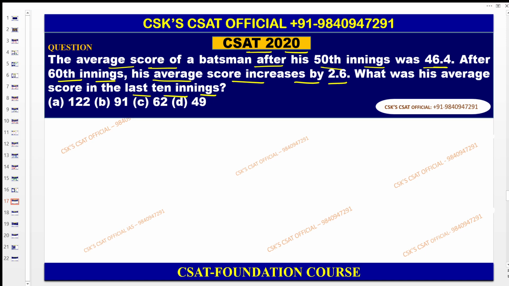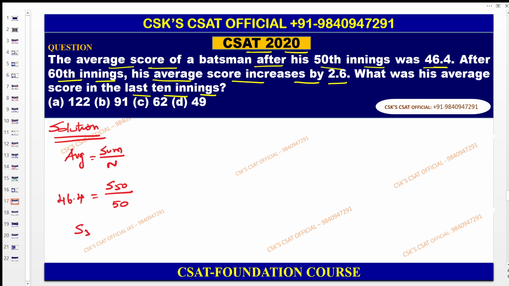A lot of methods are there. I will teach you the procedural method, the simple method only. You people follow this method. You know the very basics: average is equal to sum by n. That logic alone you use. 50 innings, so the sum of the 50 by total n, which is 50. Average is 46.4.